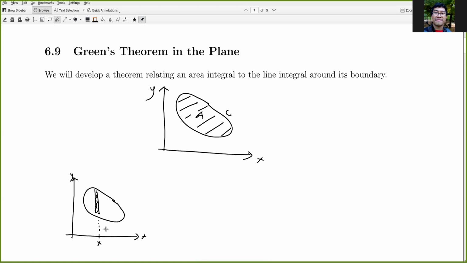So this is x and the y-axis. We start this from a position x equals a to a position x equals b.